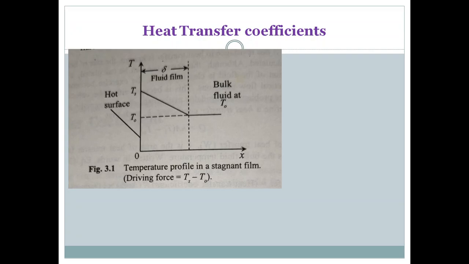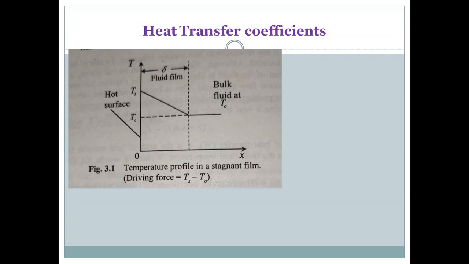Here we saw in one case the film thickness delta was given and we calculated the flux and mass transfer coefficient. And in problem 3, flux was given, then we calculated the film thickness delta and mass transfer coefficient.